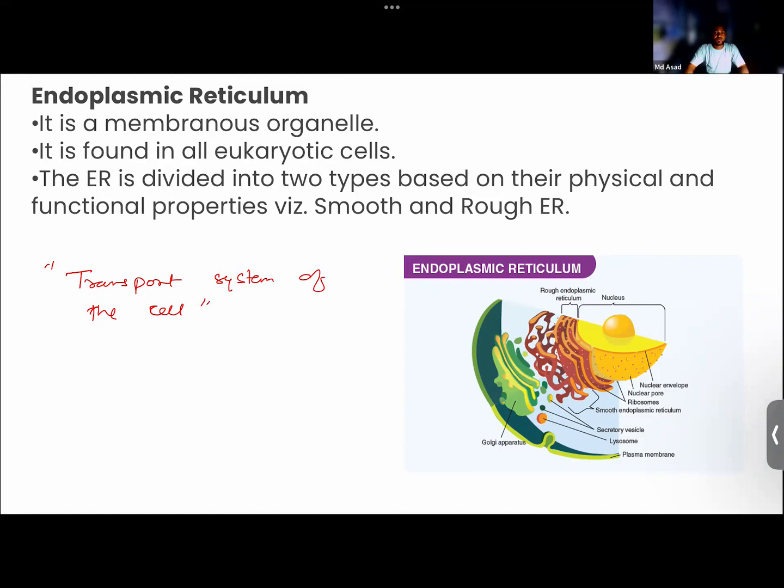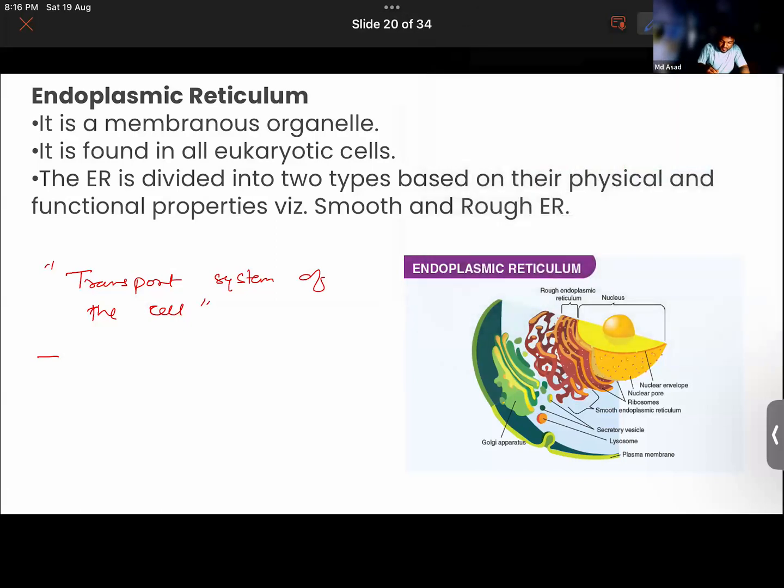The question is, what does it transport? It basically transports chemicals between two cells and within the cells. So it transports chemicals outside plus inside the cell as well.